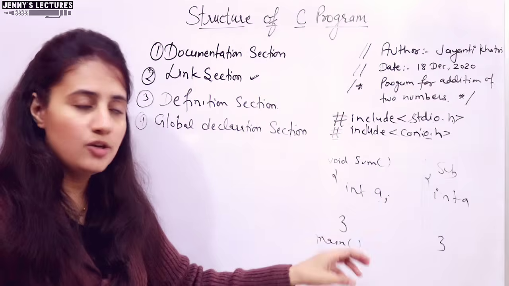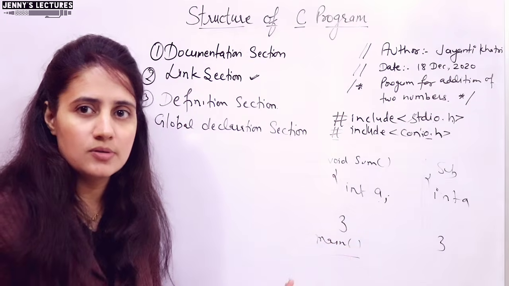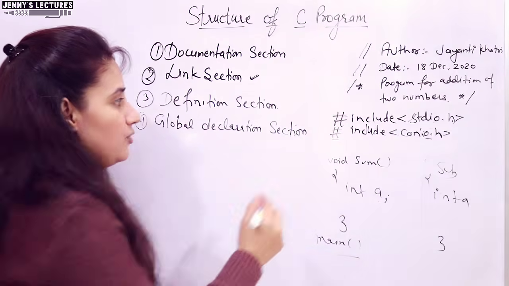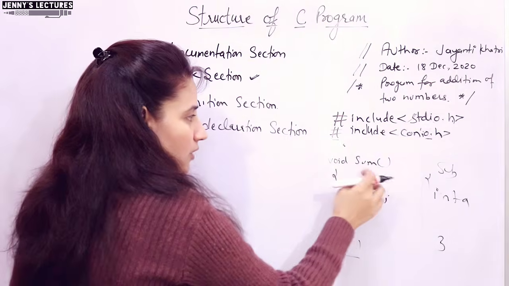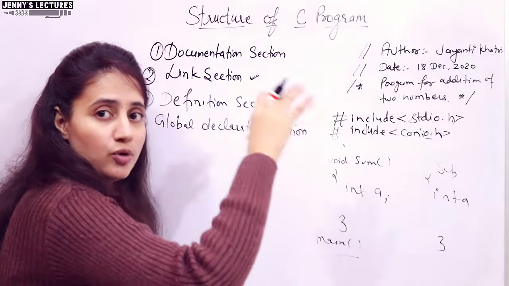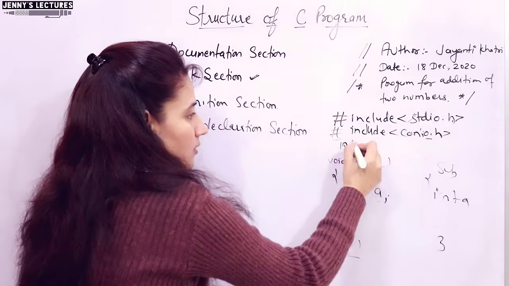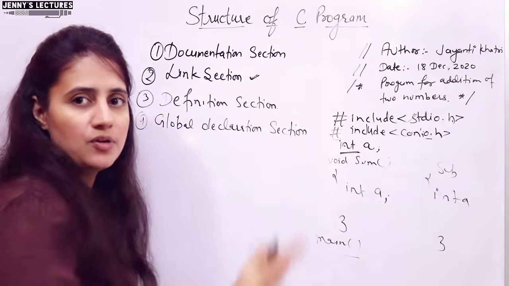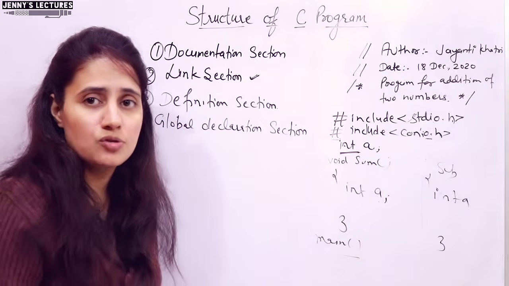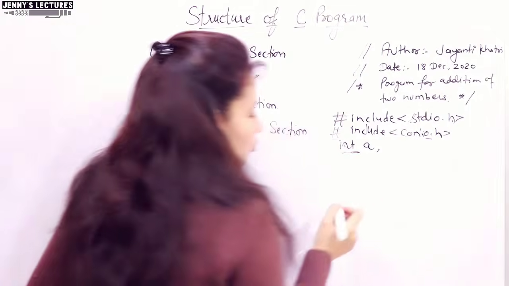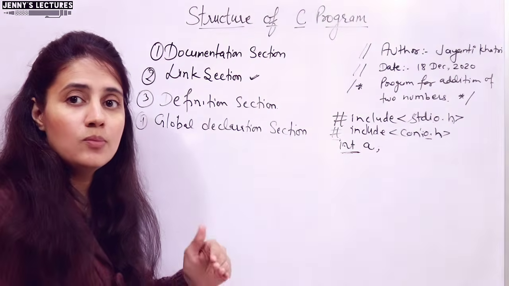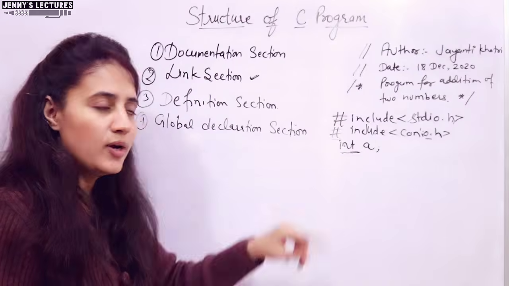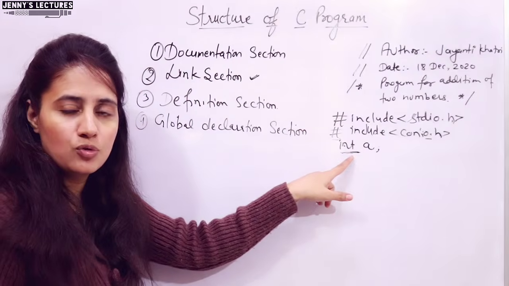If 5 functions are there, then you have to declare this variable 5 times, because this is local declaration. But if you declare it outside these functions and outside of the main function, like int a, then you can use this variable in every function throughout the program, right? So the variables that are used in more than one function in a program are global variables, and you can declare those variables globally outside of those functions.